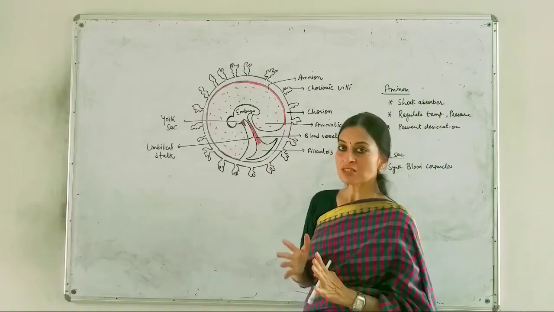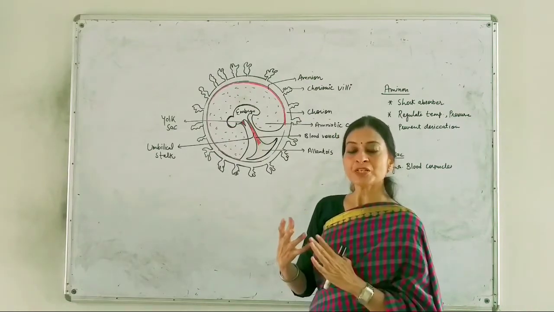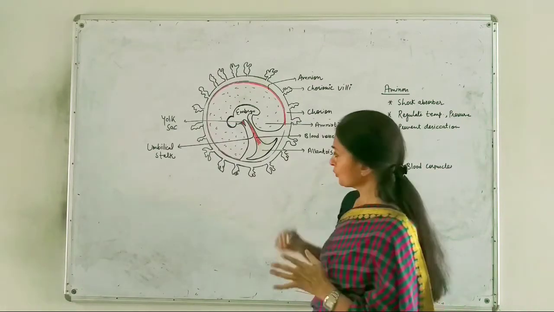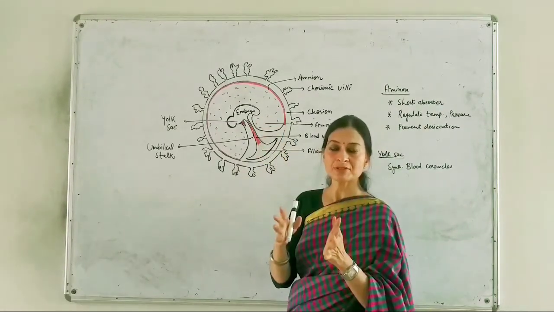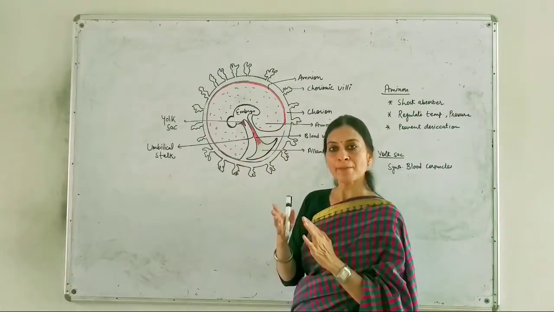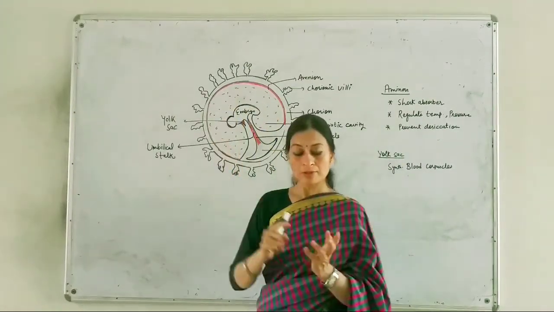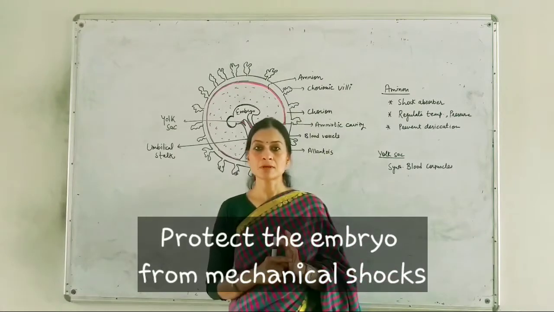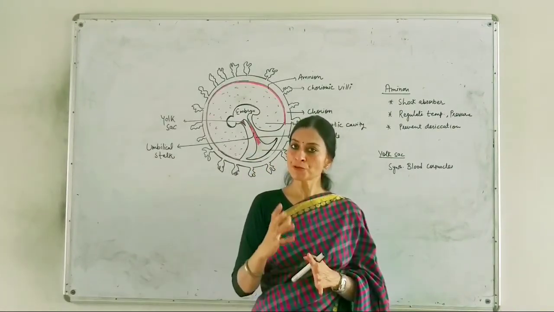Now what function is this amniotic fluid or this amniotic cavity going to perform? You can see that this embryo is floating in this liquid which is known as amniotic fluid. So this liquid is helping in protection of this embryo by absorption of shock.